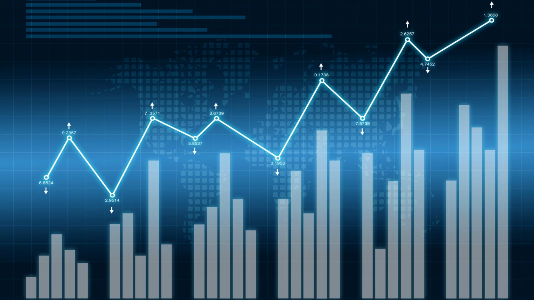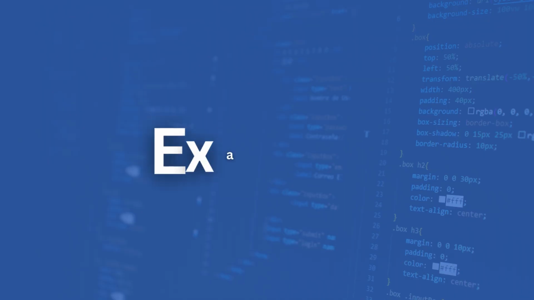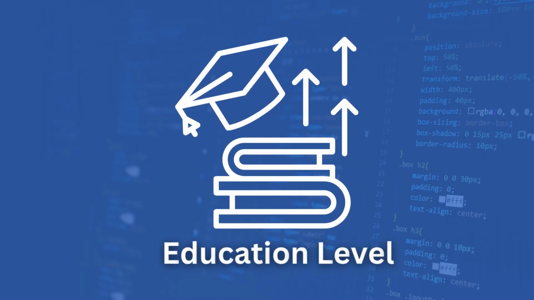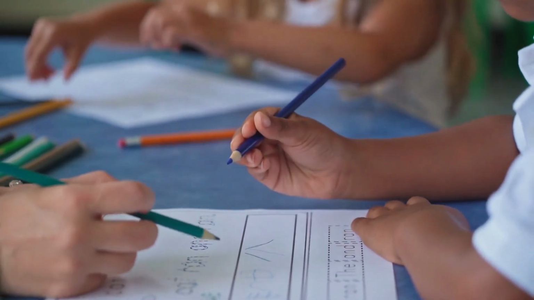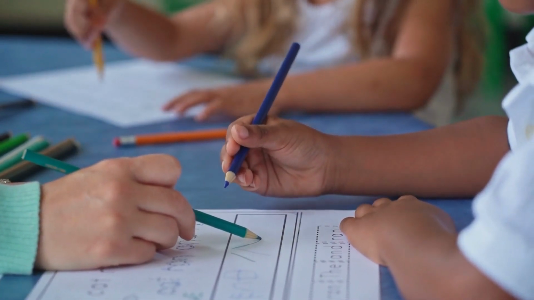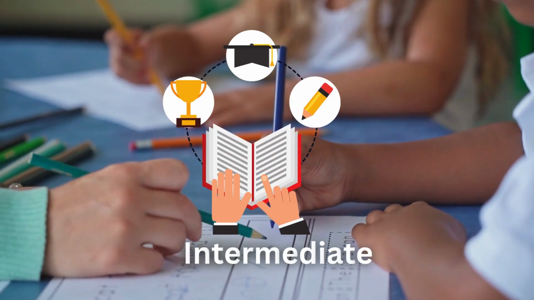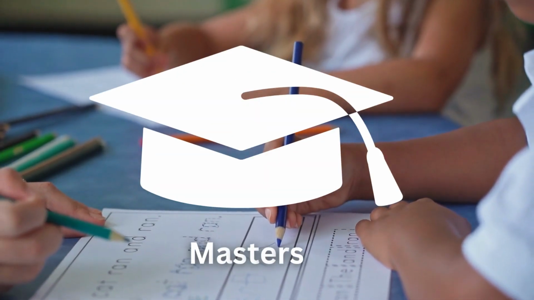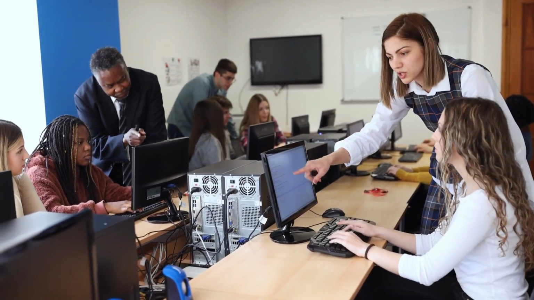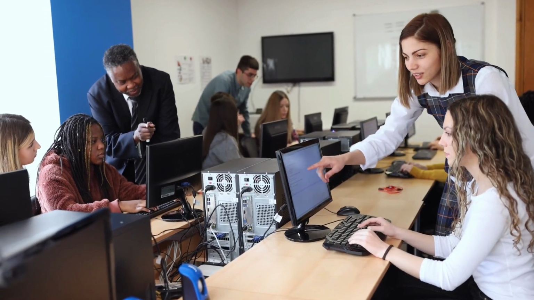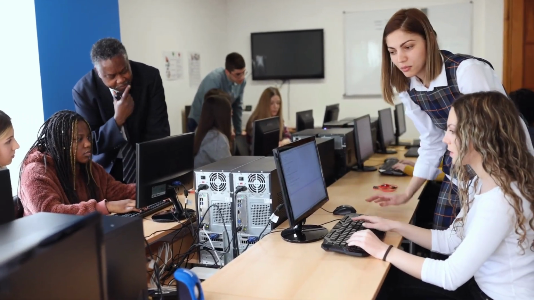Ordinal data include categories, for example, education level. We can categorize the level of education like high school, intermediate, bachelor's, master's, PhD. In this way, we know the order of education, that is, which is lower and which is higher.